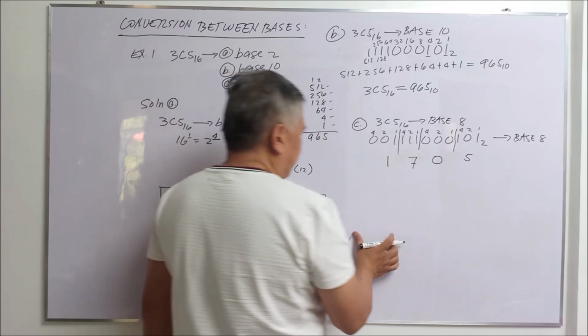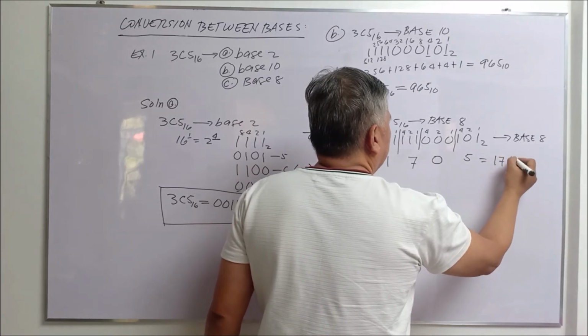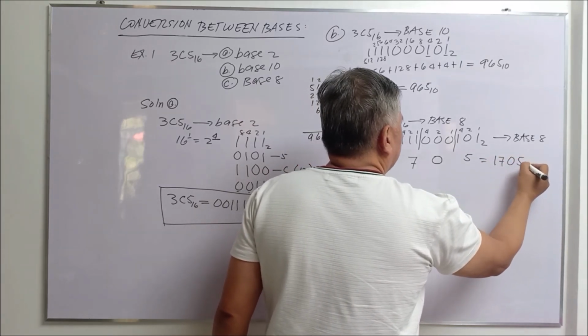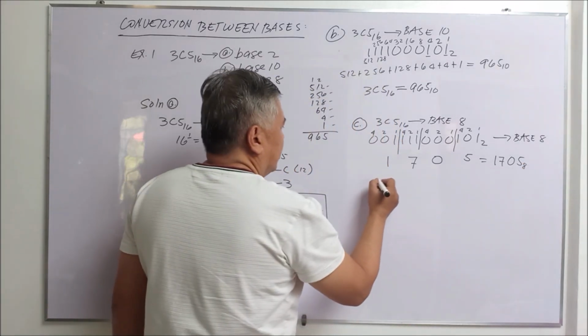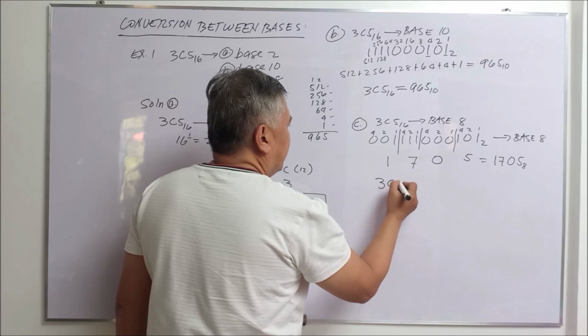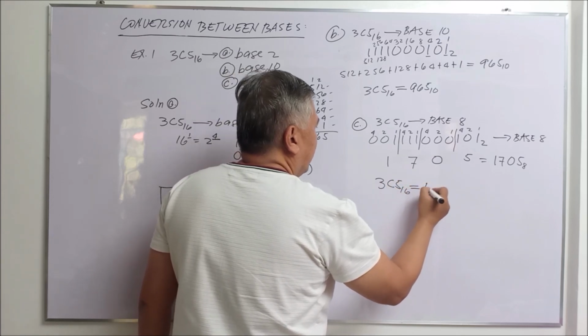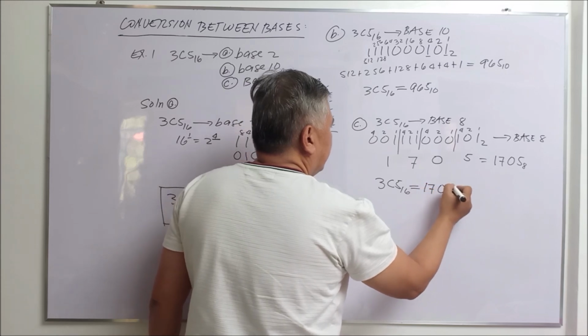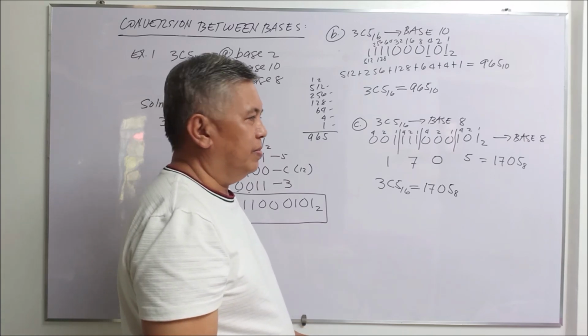So the final answer therefore is equal to 1705 of base 8. So 3C5 of base 16 is equivalent to 1705 of base 8. Okay?